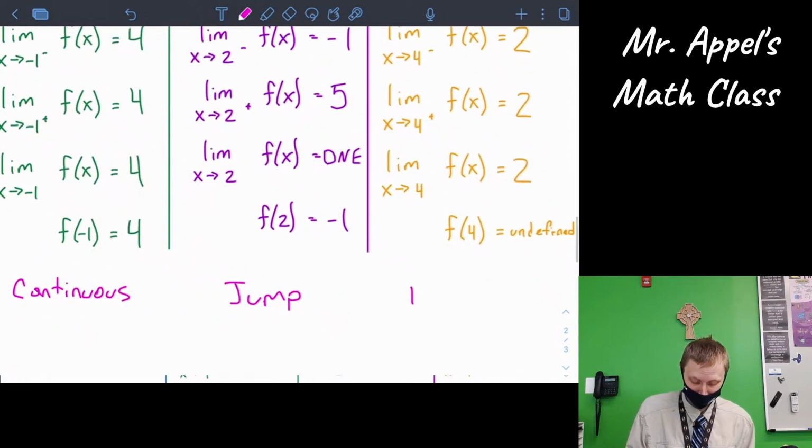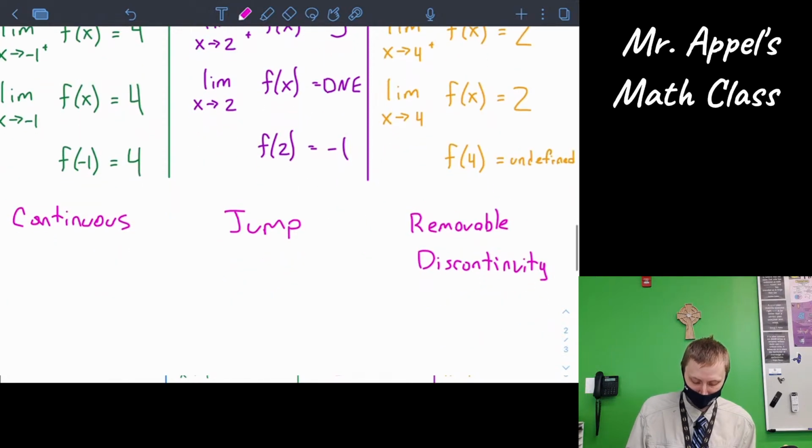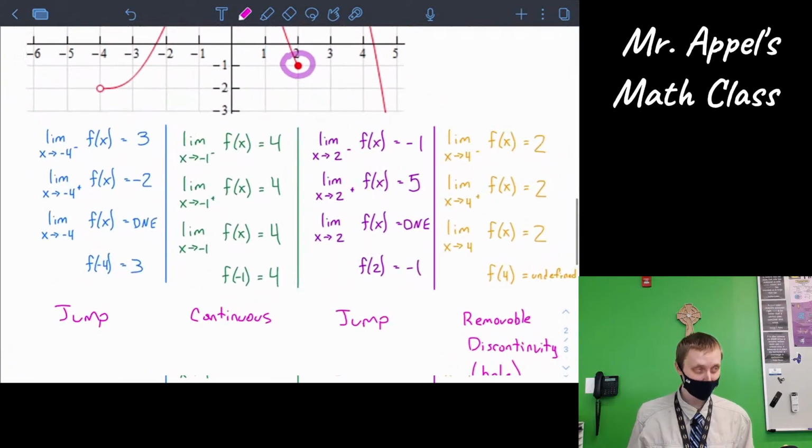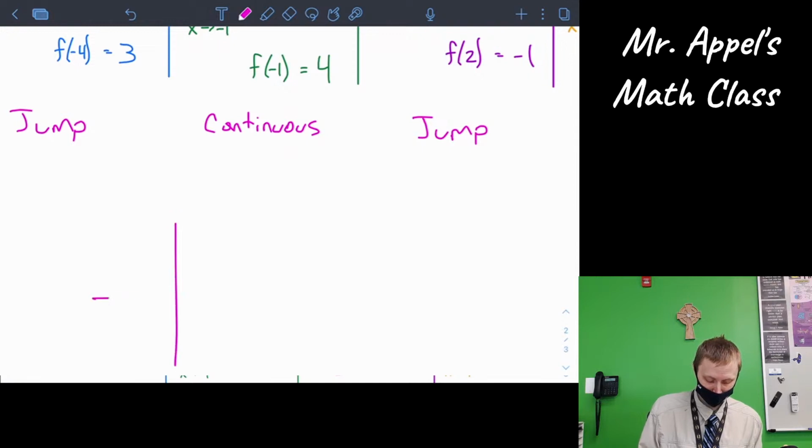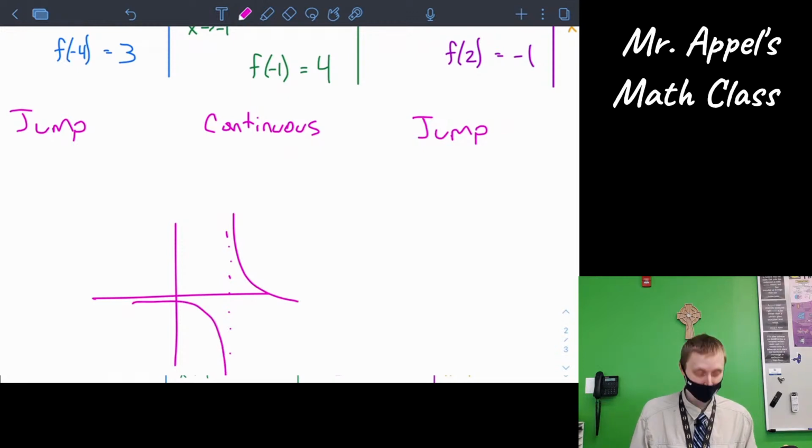And here we have a removable discontinuity, aka a hole in the graph. Right? The only one we're missing is a non-removable discontinuity. That's the vertical asymptote. Right? That would be if we had one of these guys, right?